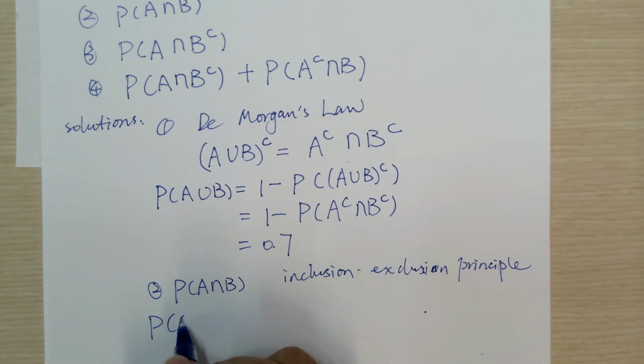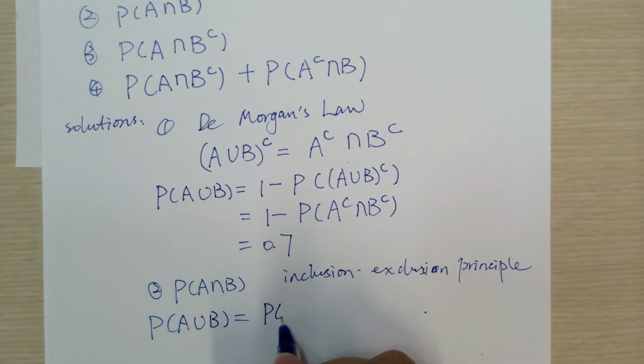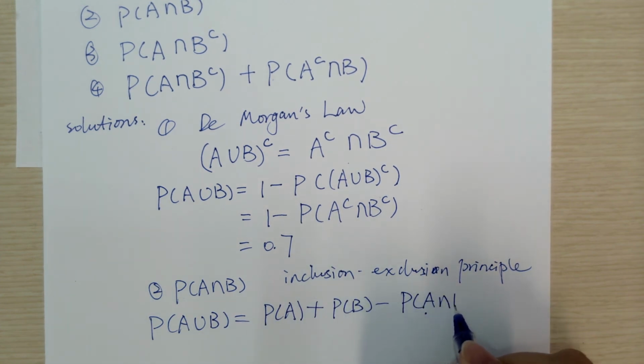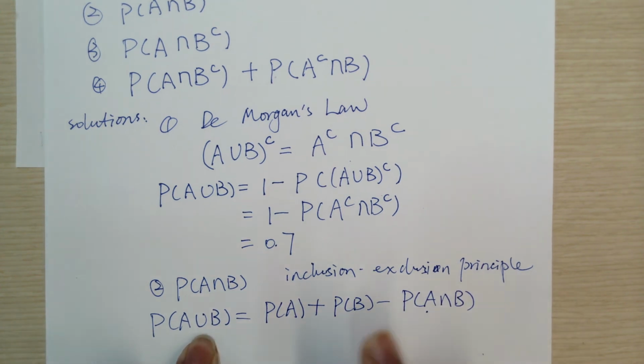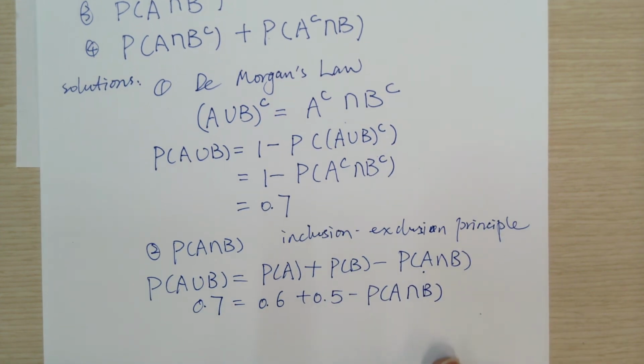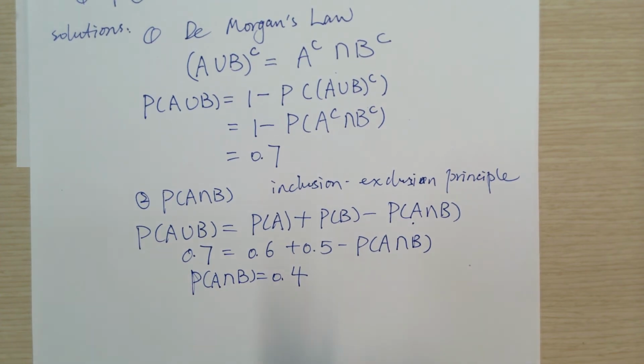So P A union B equals P A plus P B minus P A intersect B. So this is 0.7 we just derived, and then P A is given, P B is given, so 0.7 equals 0.6 plus 0.5 minus P A intersect B, and then it turns out that their intersection equals 0.4. Okay.